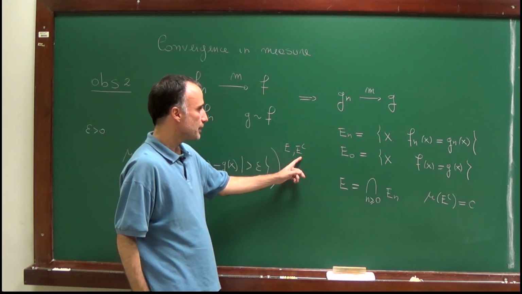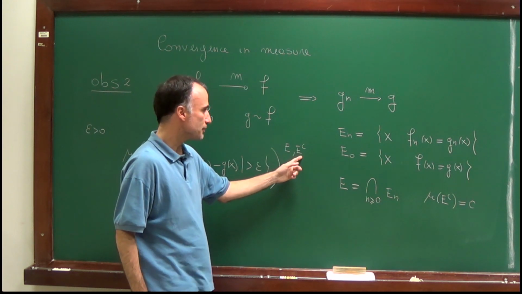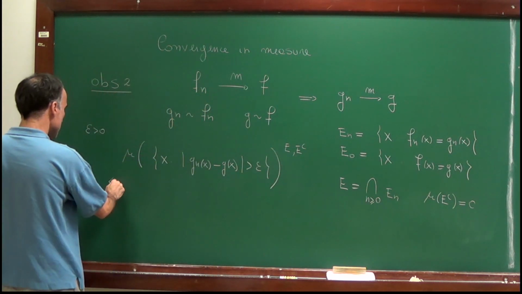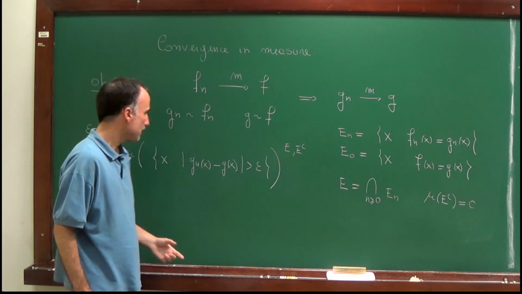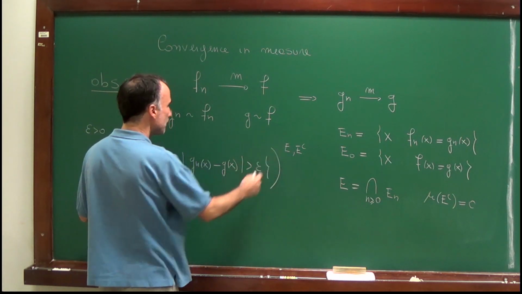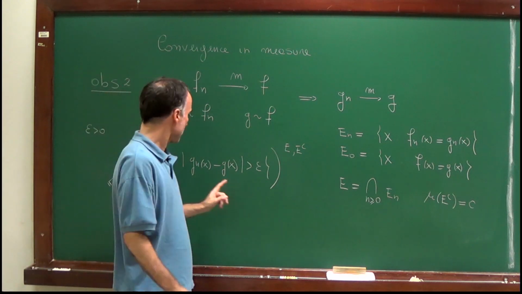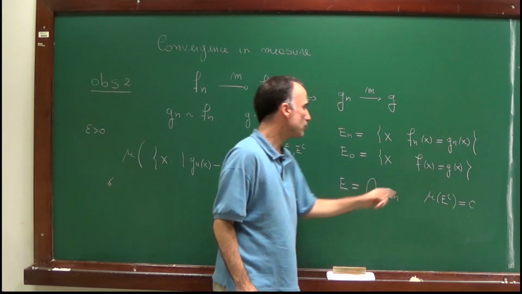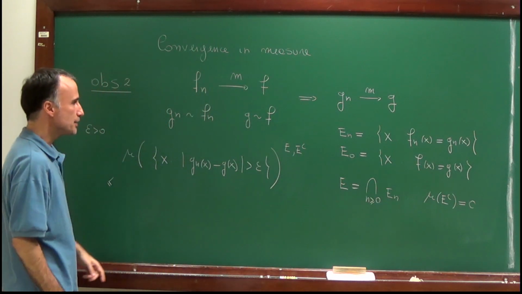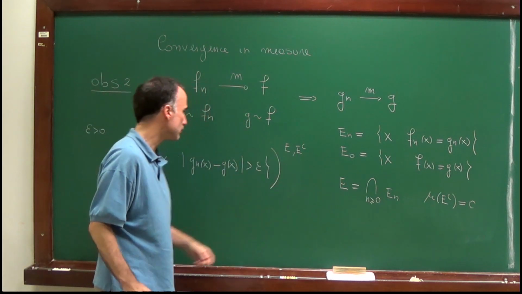The measure of E complement is 0, so this is less or equal than the measure of this set intersection E. But on E, we have that Gn is equal to Fn, and G is equal to F on the set E0, therefore on the set E also.